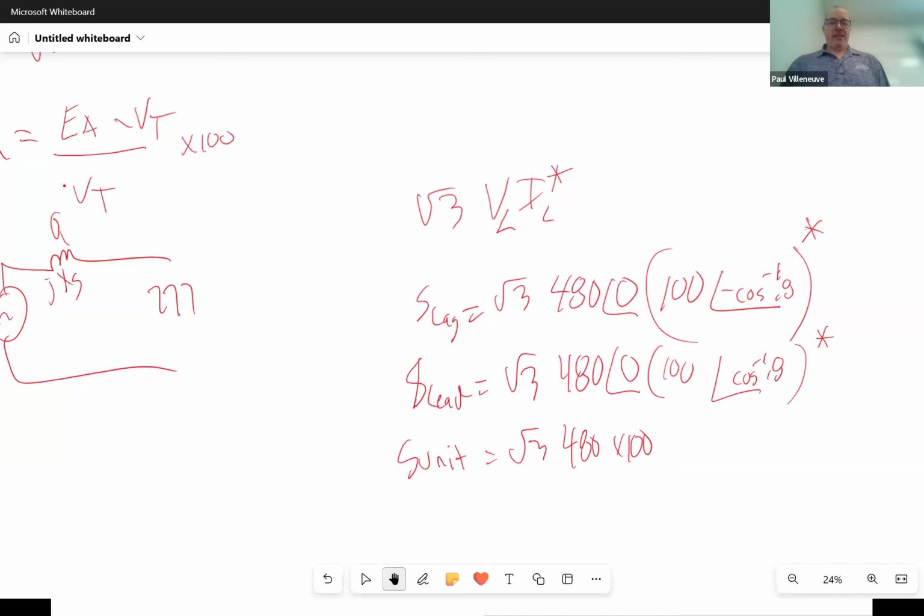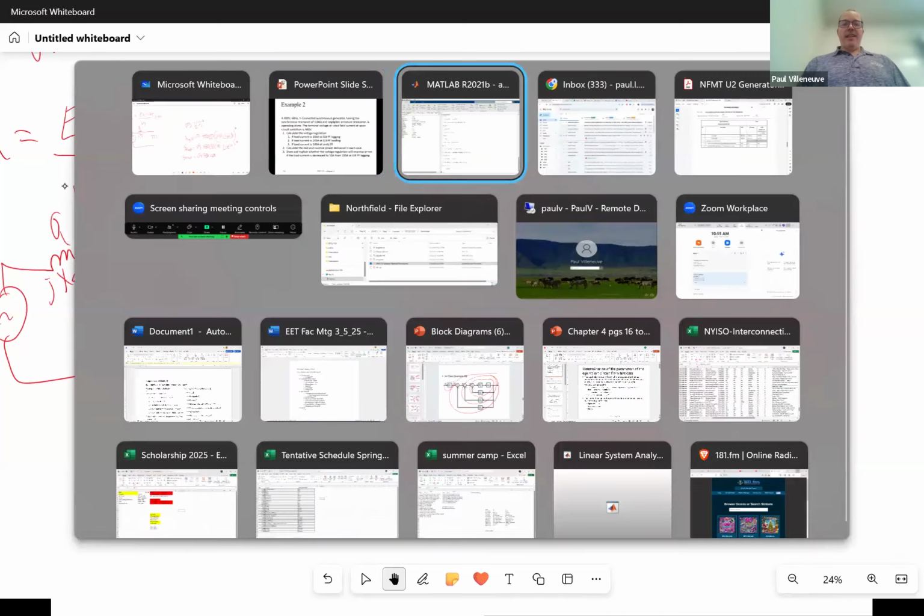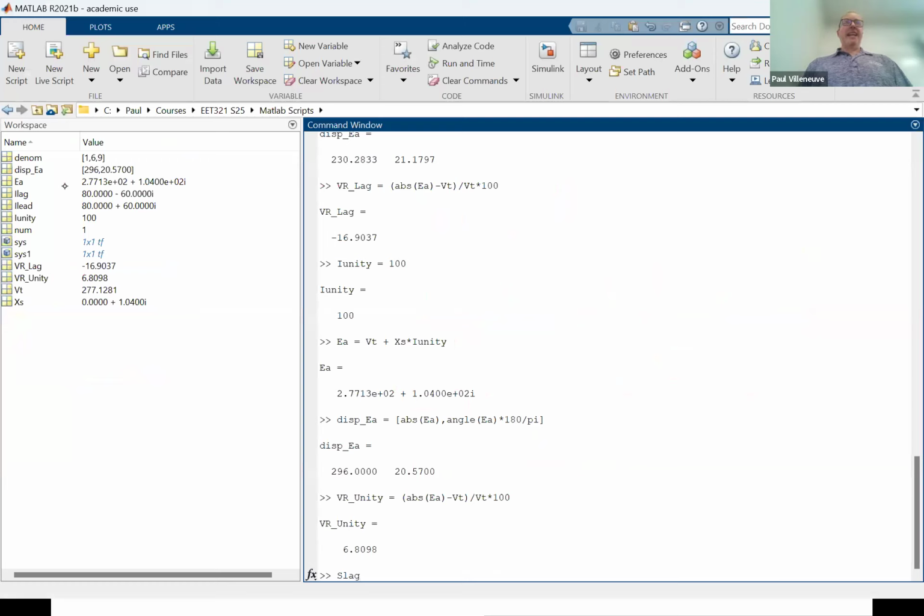Sure. So I'll go back to MATLAB. So S lagging is going to be equal to square root of 3 times 480 times 100. Actually, I have to take the conjugate of 100 times e to the negative j inverse cosine of 0.8, right?